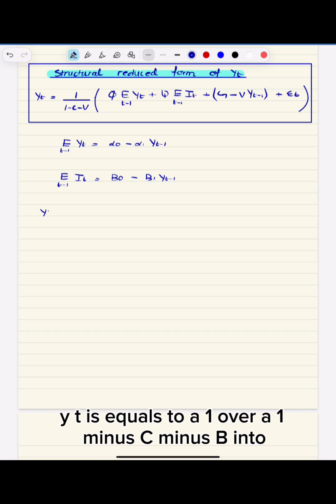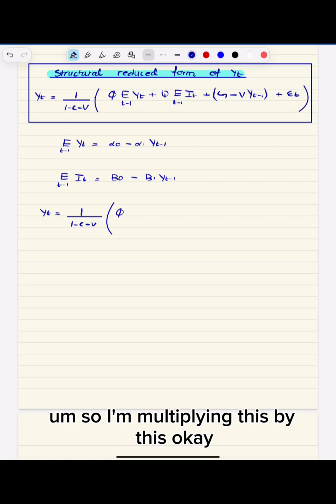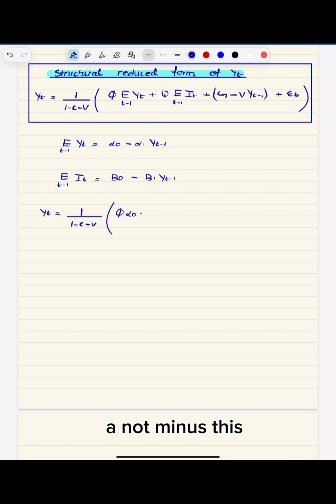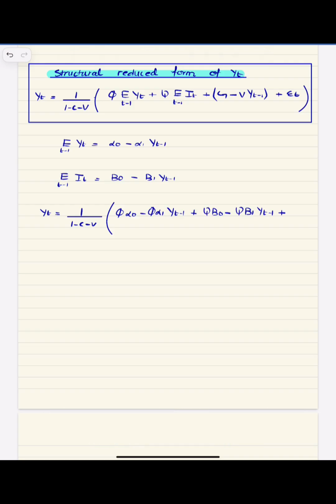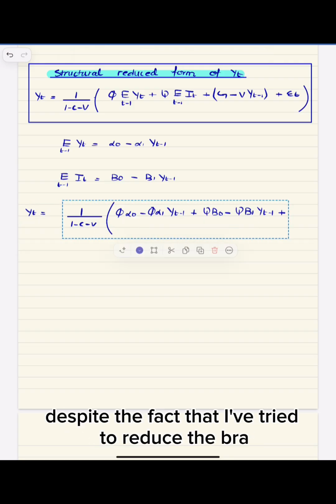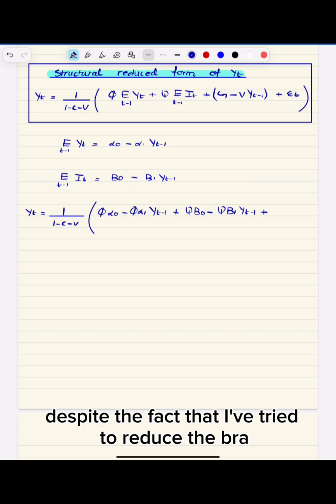So we'll get yt is equal to 1 over 1 minus c minus v into, so I'm multiplying this by this. Okay, a naught minus this a1 yt minus 1 plus psi b naught minus psi b1 yt minus 1 plus, oops, this is quite lengthy despite the fact that I've tried to reduce the algebra.